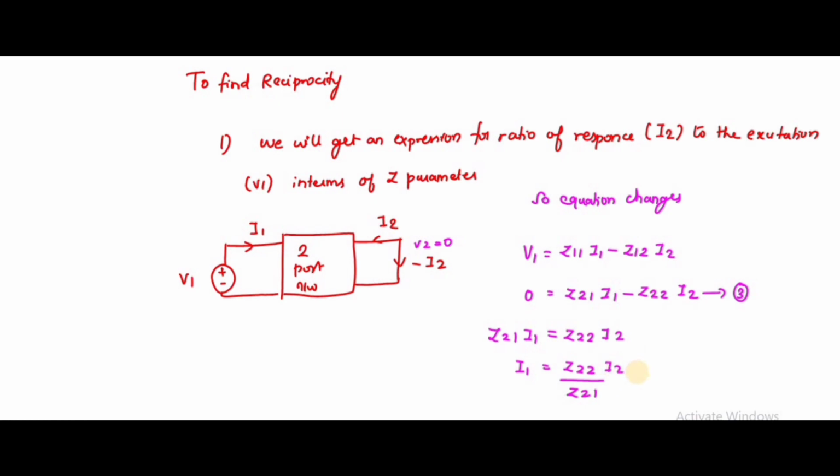This is my fourth equation. Substitute this fourth equation in the second equation. If I substitute 4 in 2, I will get V1 is equal to Z11 into Z22 I2 divided by Z21, minus Z12 I2. So this is V1, and we want I2 by V1.